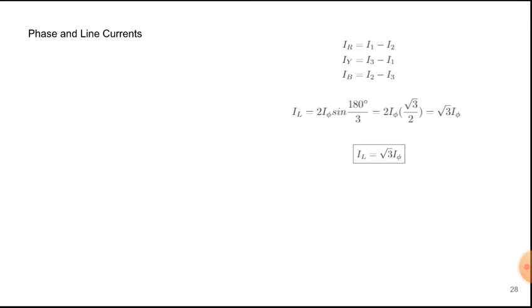And again, the magnitude of the line current will be the phase current times the square root of 3. It's the same as the phase and the line voltage in a star connected system, but in a delta, instead of voltages, we use the currents.